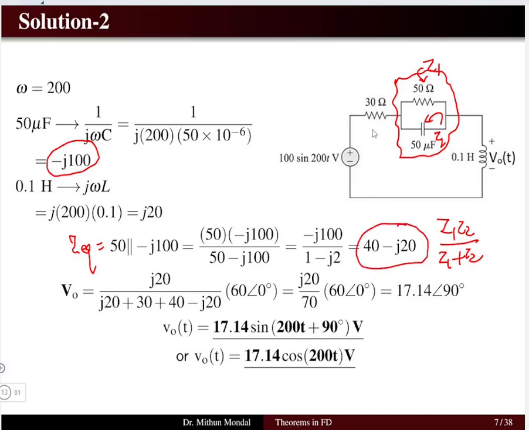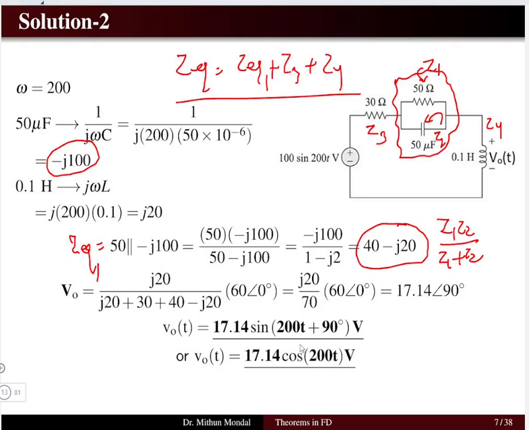Now if I take the other impedances, this one as Z3 and this one as Z4, all the impedances are in series. So the equivalent impedance in series will be Z equivalent 1, which we have calculated here, plus Z3 and Z4. This will be the net equivalent impedance for the entire network.